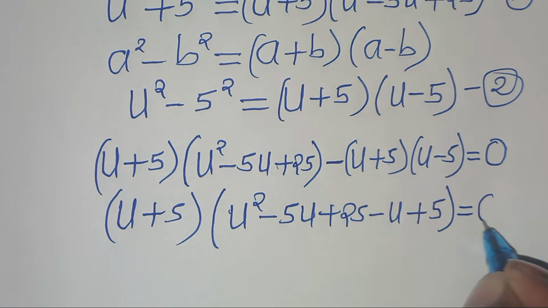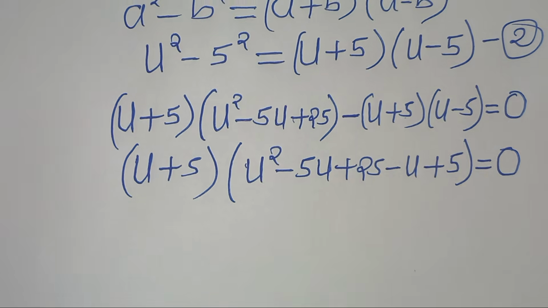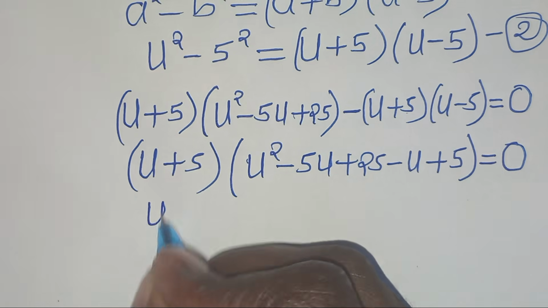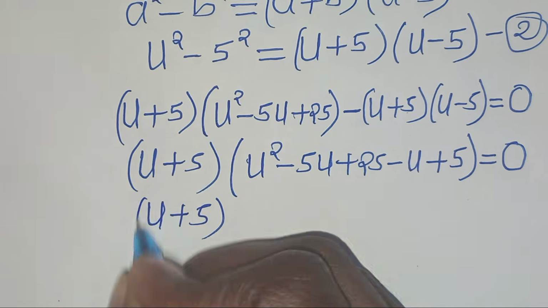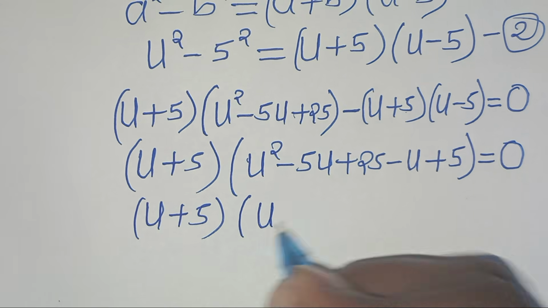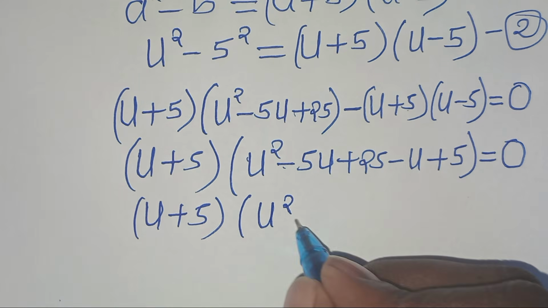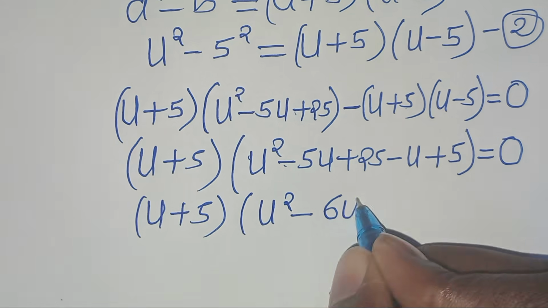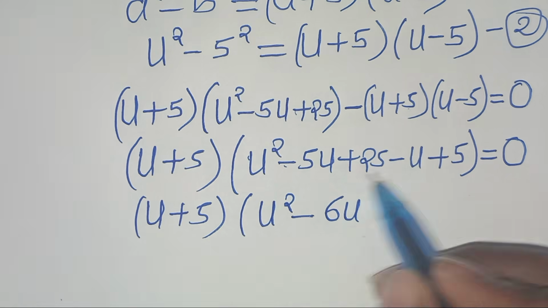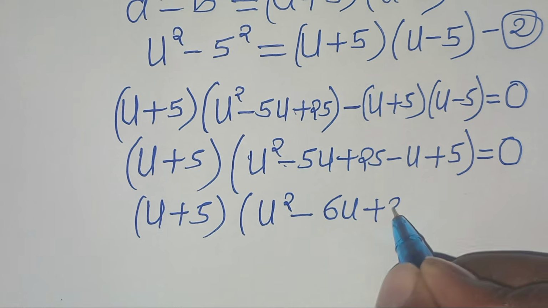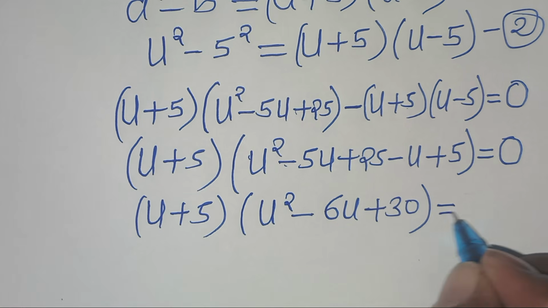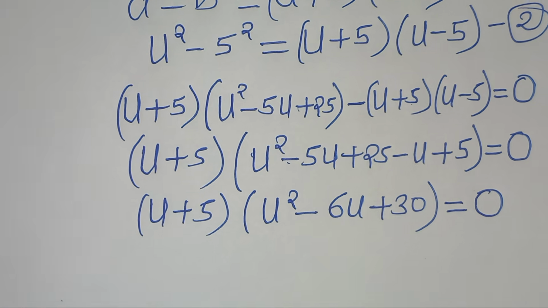And this is equal to 0. So this is u plus 5, then we have u to the power of 2, negative 5u minus u, this is negative 6u, then we have 25 plus 5, this is plus 30, and this is equal to 0.